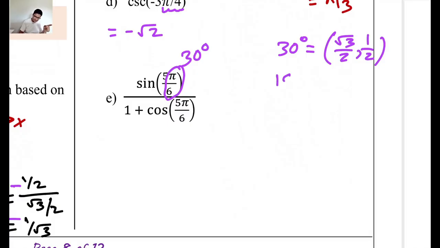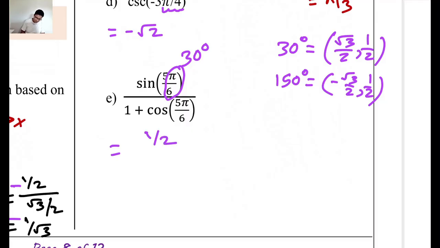So for 150 degrees, which is in the second quadrant, it will be negative root 3 over 2 and 1 over 2. So sine is the y coordinate, which is 1 over 2, and cos is the x coordinate.